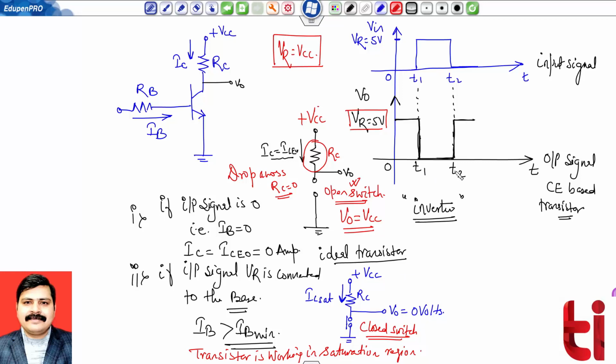So during the period when the input is applied and that input is sufficient to make my transistor saturate, I will have a 0 output. So this is the switching behavior. That means my transistor is moving either in cutoff region or in saturation region. Now what is the requirement for that?